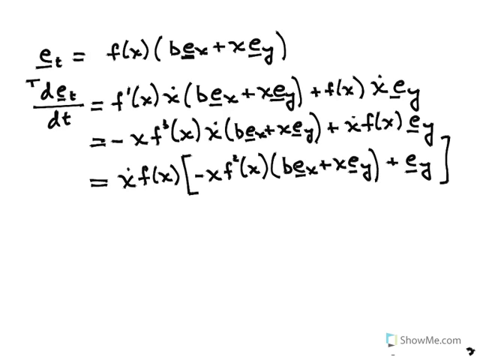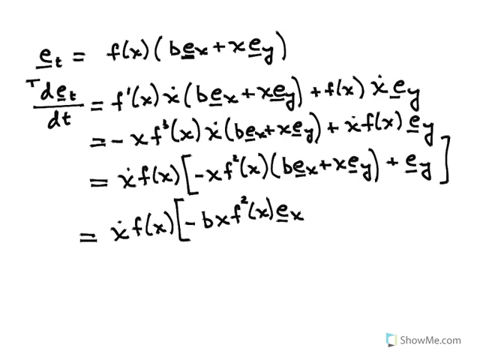Now, I'm going to use the expression for f of x to simplify this further. So here's how we do this. We get x dot times f of x, and then if I distribute the minus x times f squared of x through, I get minus b times x times f squared of x times e_x. And then I've got minus x squared times f squared of x times e_y plus e_y.